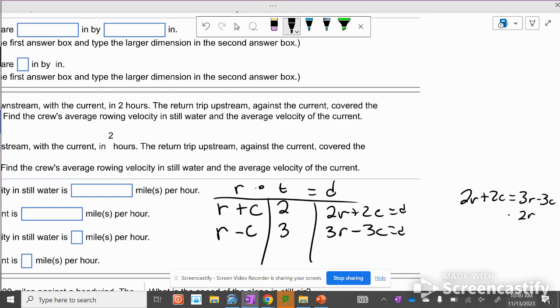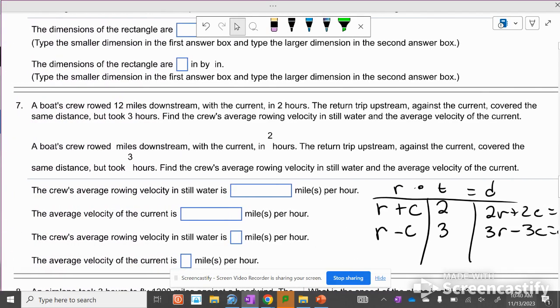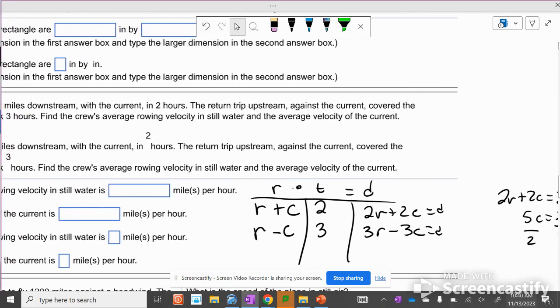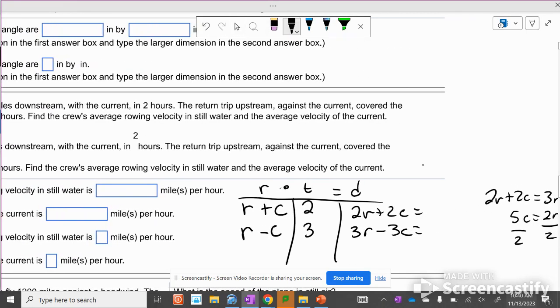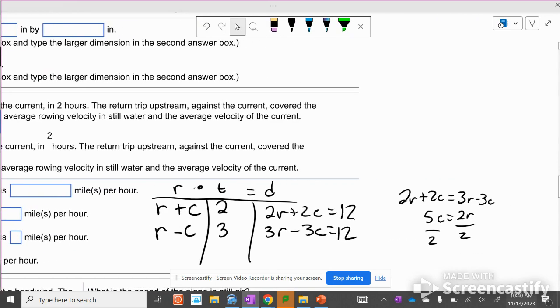And then add 3c to each side. So 2r equals 5c. Divide by 2. Oh, the distance is 12. Dang it. There we go. So instead of setting them equal to each other, solve them simultaneously.